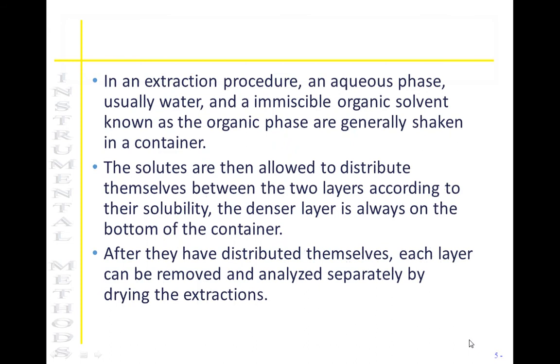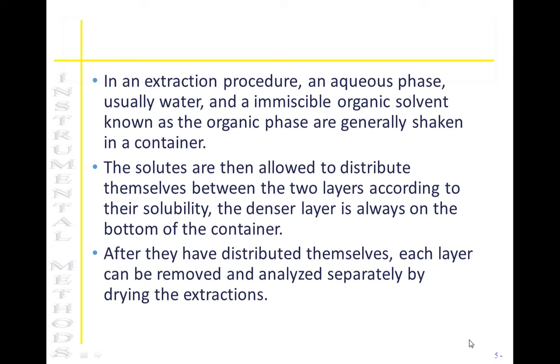In this extraction process, the aqueous phase, which is usually water, is going to be combined with an organic solvent. Usually the two liquids are then shaken so that the analyte can be distributed between the liquid that it's going to be soluble in.